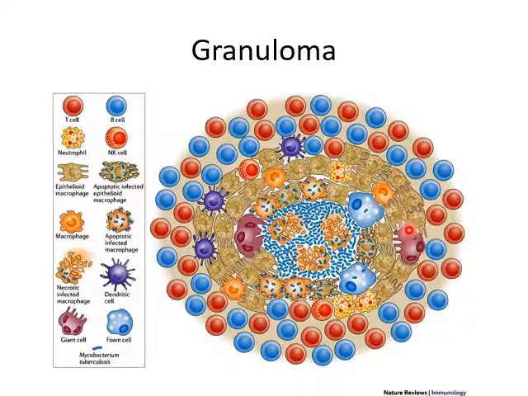So what happens is that during this inflammatory process, the giant cell dies. Even there is degeneration of epithelioid cells, and death of macrophages.